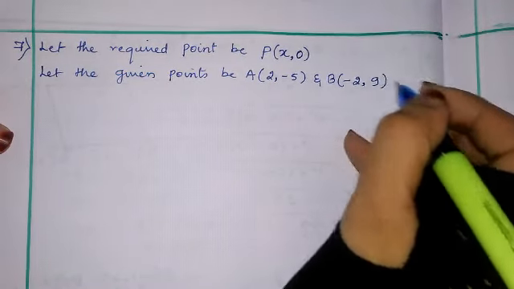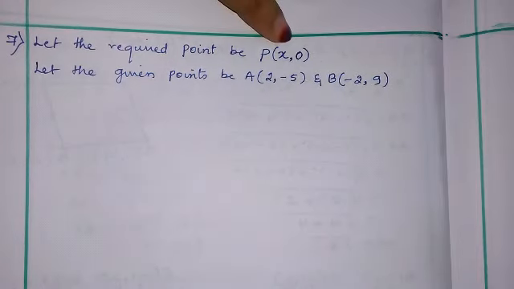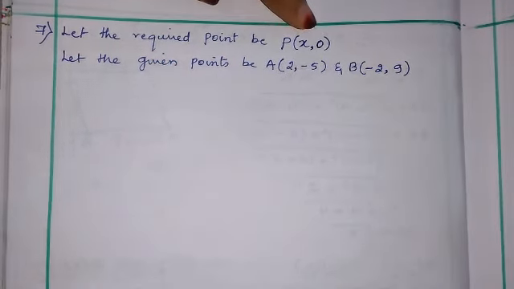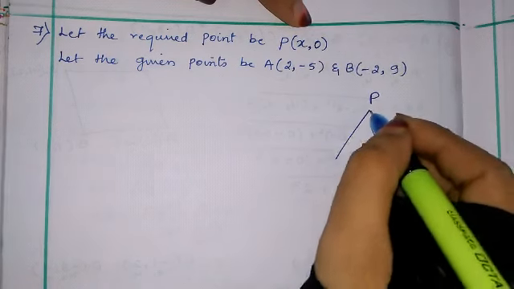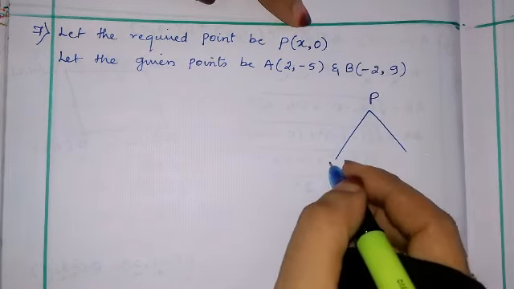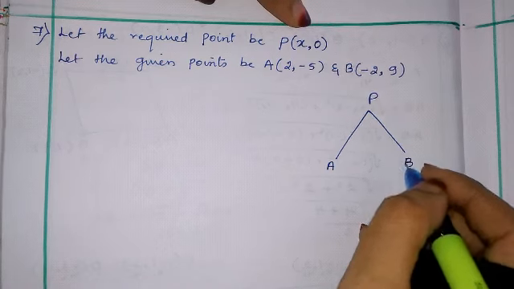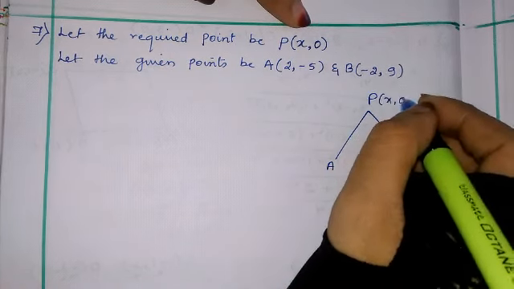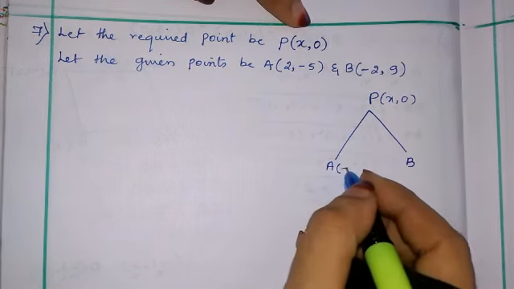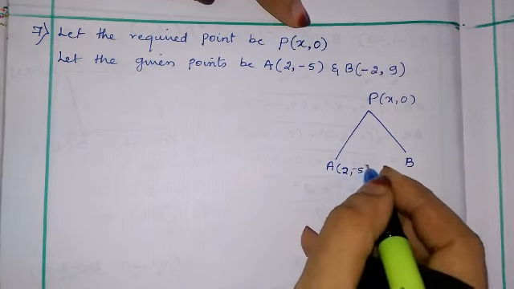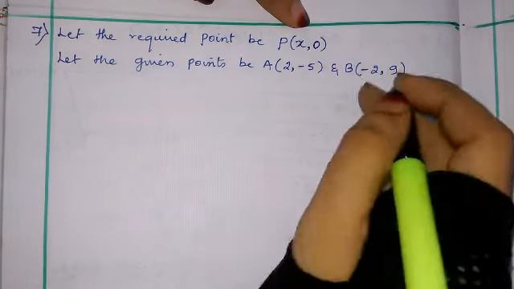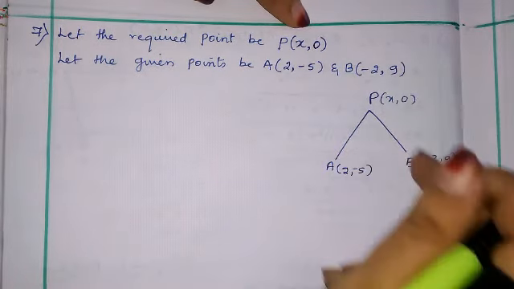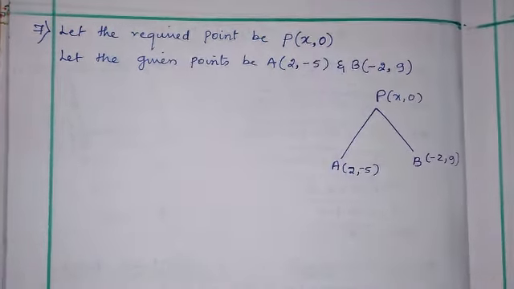P is equidistant to A and B. P point is (x, 0), A point is (2, -5) and B point is (-2, 9). PA is equal to PB according to the question.